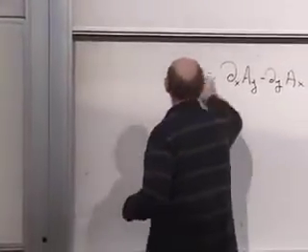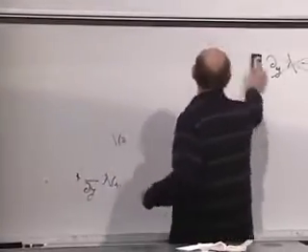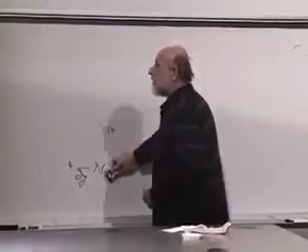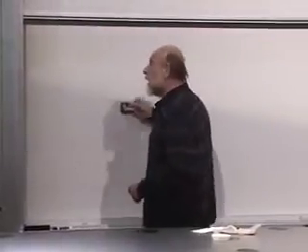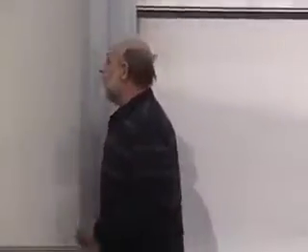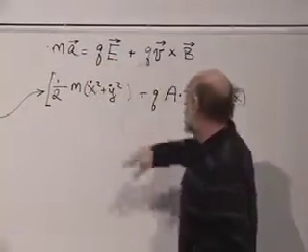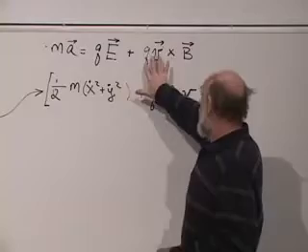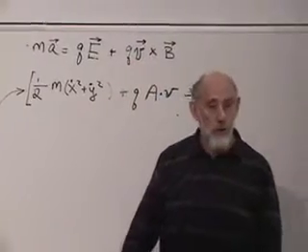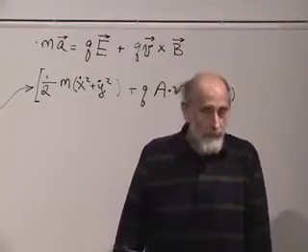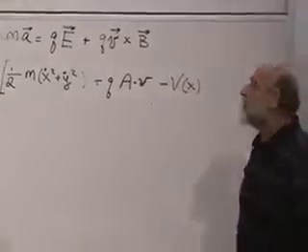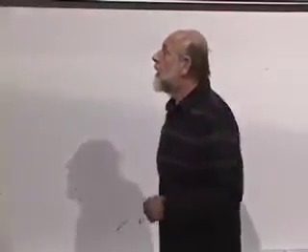Let's work out the equation of motion, starting with the Lagrangian, and see that it really does have the form. Incidentally, this equation up here has a name. The right-hand side is the Lorentz force law. Lorentz, L-O-R-E-N-T-Z, the same gentleman who first wrote down the Lorentz transformations.